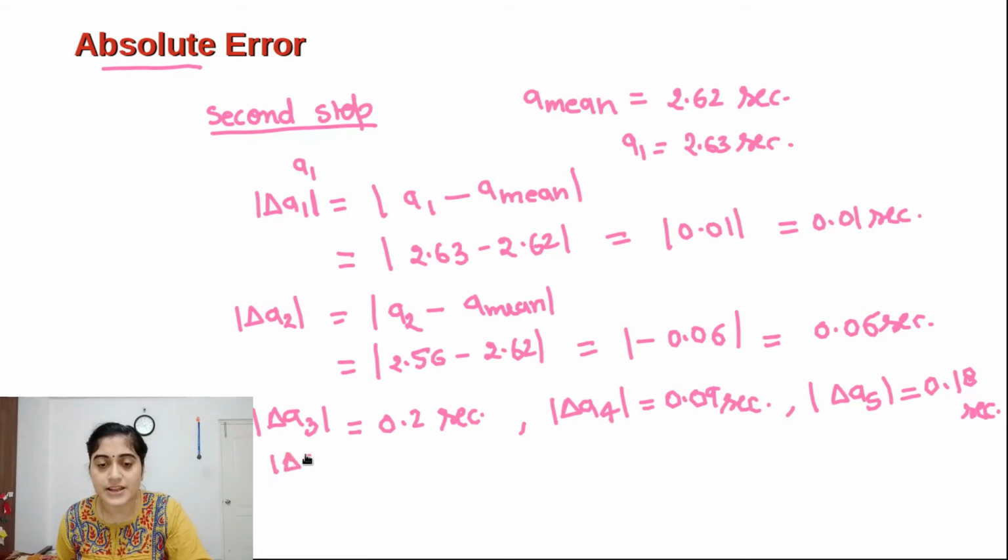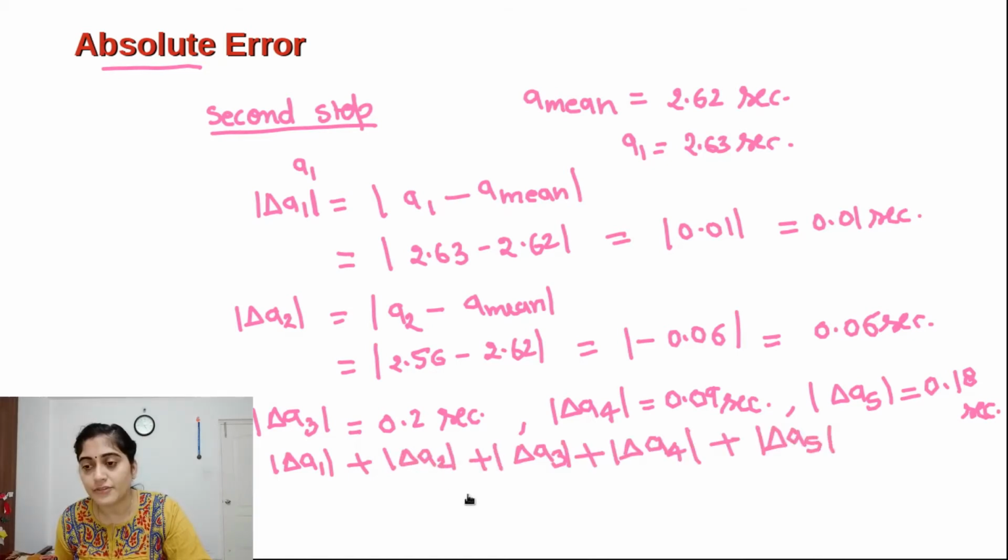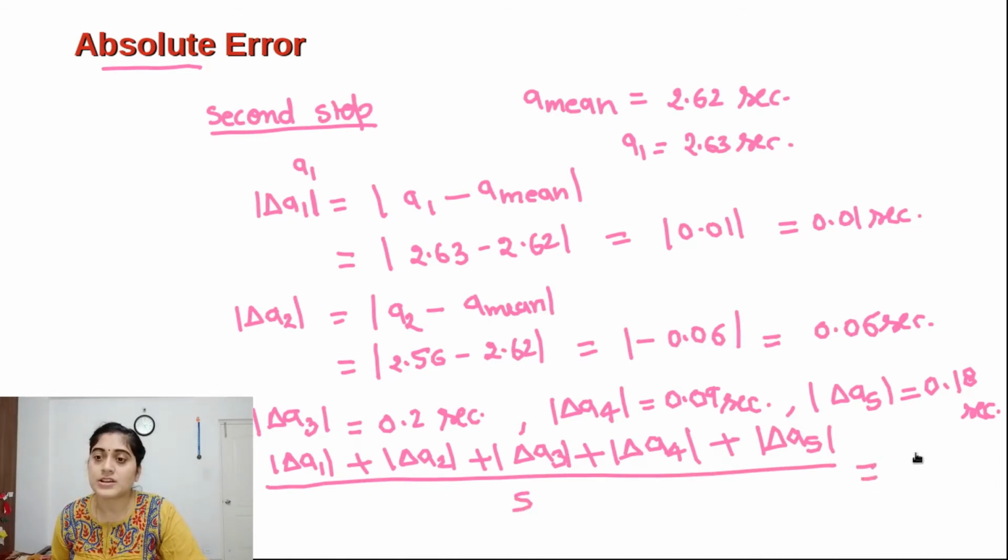What is the average? That is delta of A1 plus delta of A2 up to A5, divided by 5. We are putting all the values of delta A1, delta A2, delta A3 and so on in this equation.